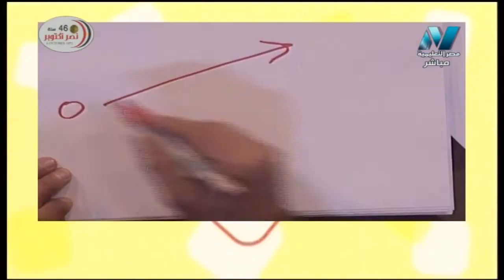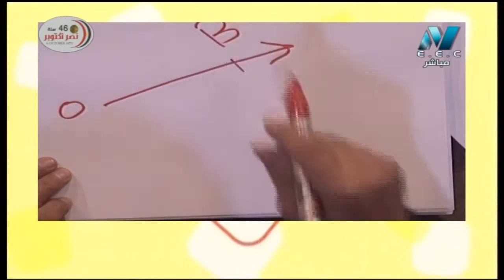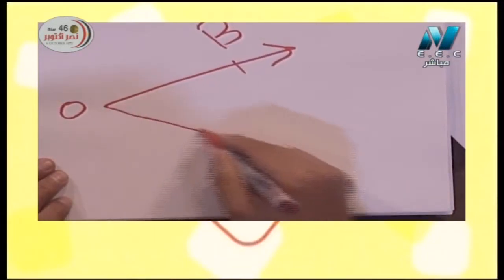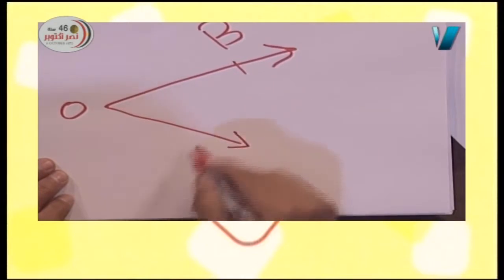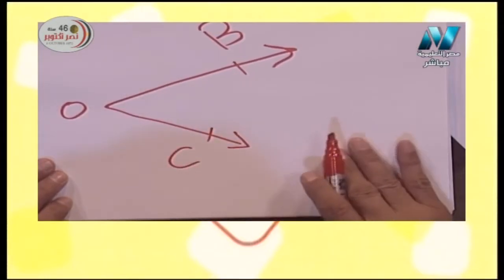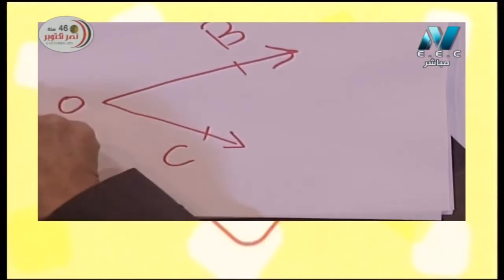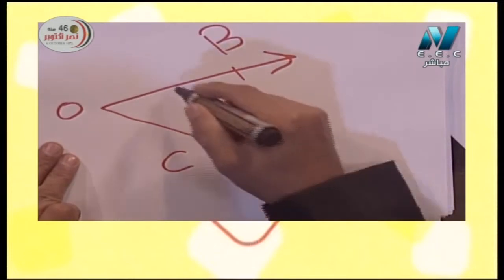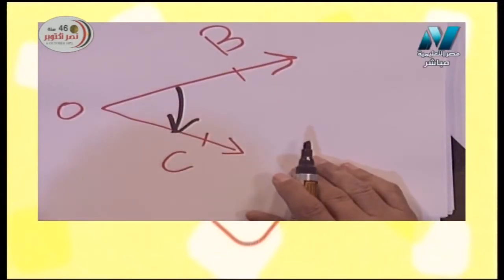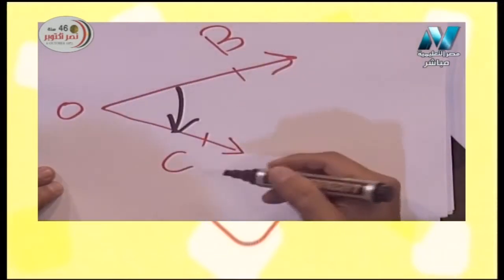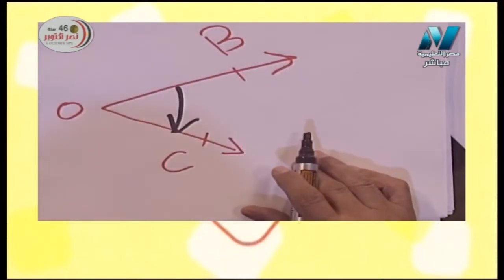Let us draw another directed angle. We have this side OB and another side OC. This angle will be measured like that, from OB to OC.